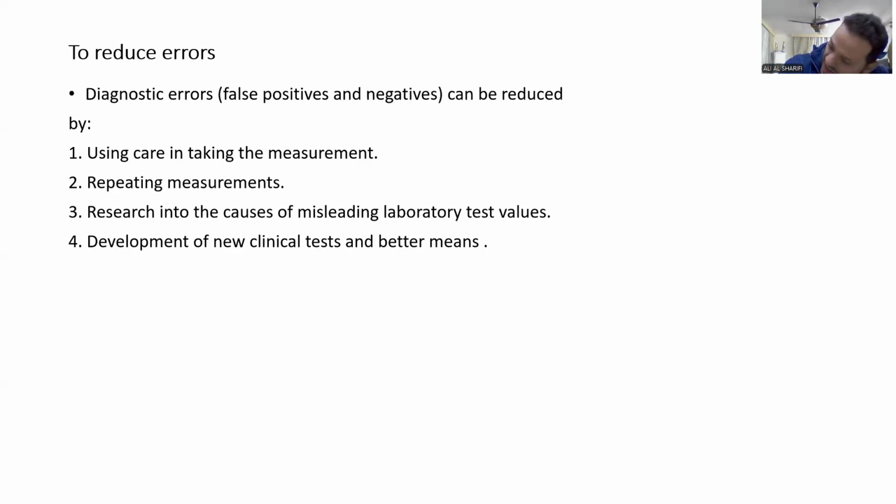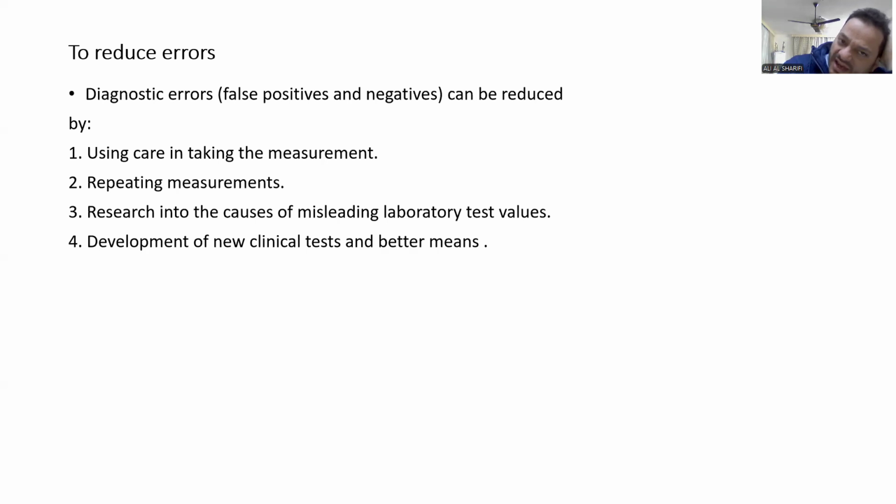Here, how can we reduce false diagnosis? Diagnostic errors can be reduced by using care when taking measurements, for example, when taking the test, when doing the necessary measurement of important things, and repeating measurements and using the average to decrease the mistakes as much as possible.